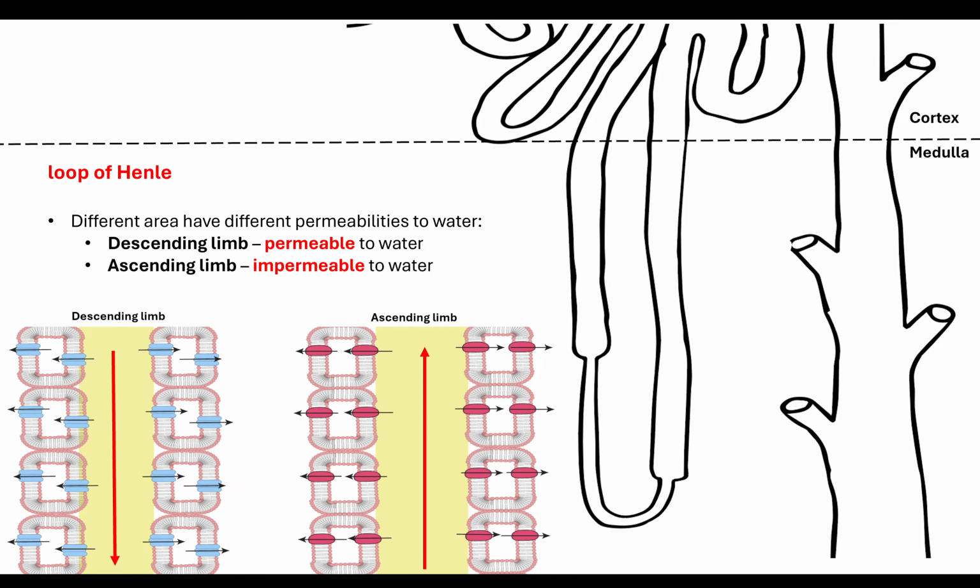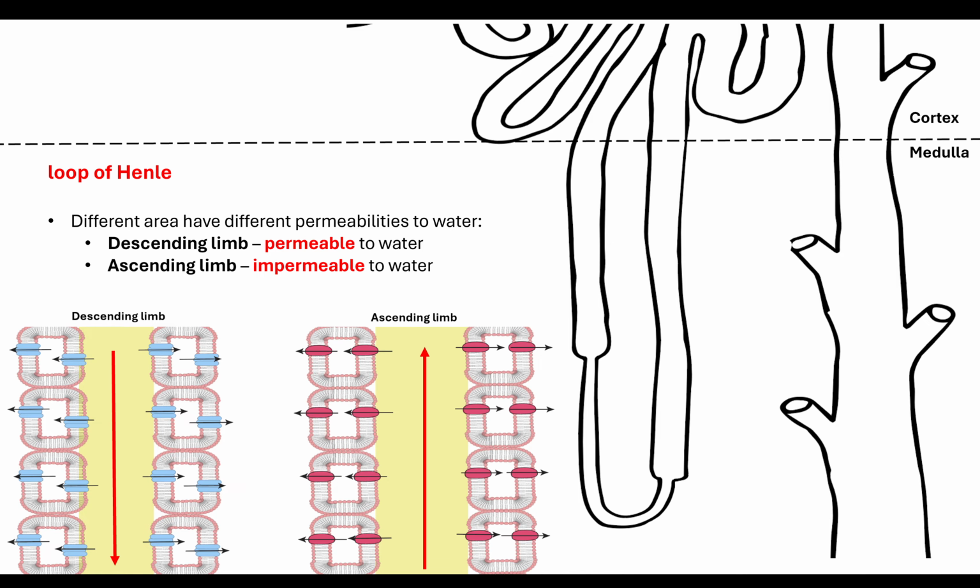The descending limb is permeable to water, which tells me that the blue channels are aquaporins which allow water to move across the membrane, whereas we have red channels on my ascending limb, so they need to be involved in the transport of a substance that is not water.